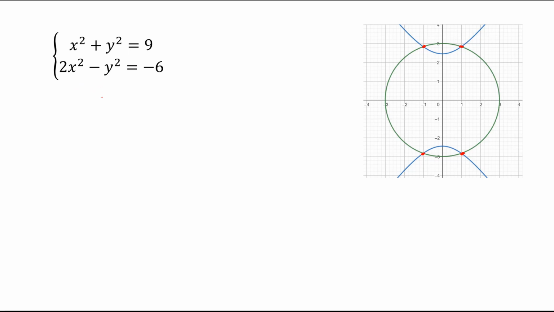The y's go away and we have 3x squared equals 3. So x squared equals 1. So x is going to be plus or minus the square root of 1, which is 1. So we have 2 x values here, but we know we're going to have 4 solutions.